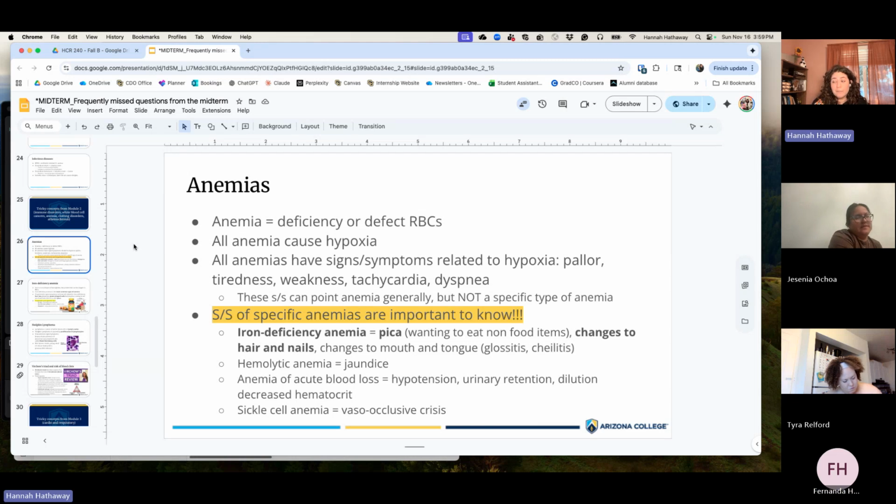Good question. Most types of anemias can be treated, so they could be reversible if you can treat the underlying cause. So the underlying cause of iron deficiency anemia is lack of iron. So if you can replenish iron, then that gets better. Another cause of iron deficiency anemia could be really heavy periods.